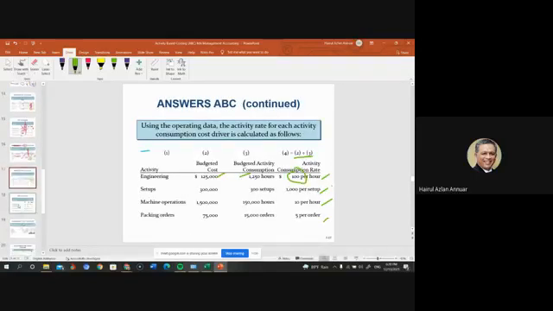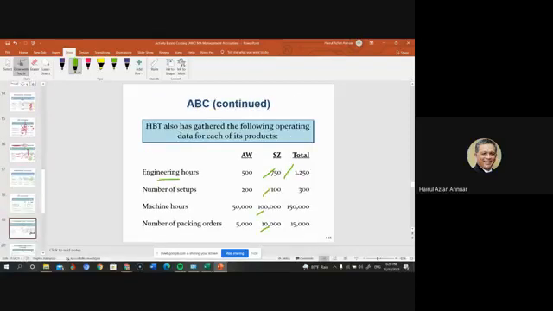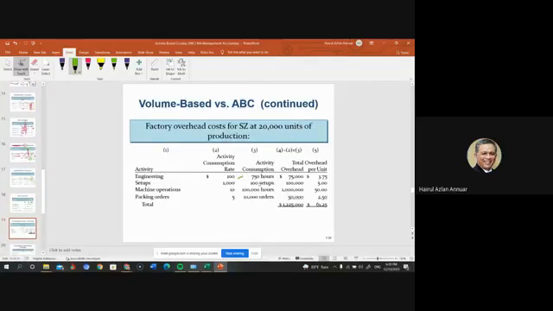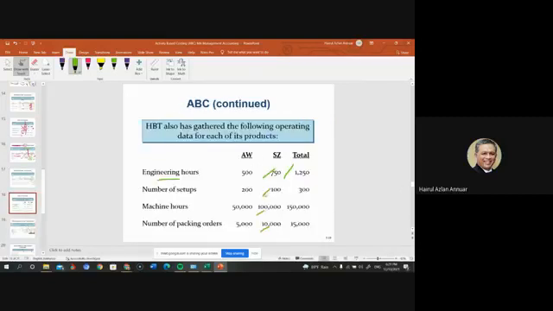So SZ, 100 times 750, $75,000 of engineering goes to SZ. Yeah? Divide 20,000 units and you get 3.75 per unit. Setup. What was setup for SZ? 100 setups.